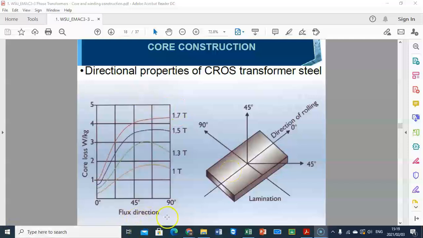Now in the next slide, we can see how much power we are losing with respect to flux direction. As you see, the direction of rolling can be 0 degree, 45 degree, 90 degree. In the graph we have the core loss as we change the flux direction, and then we can find out how much power we are going to lose with respect to the direction of the flux.